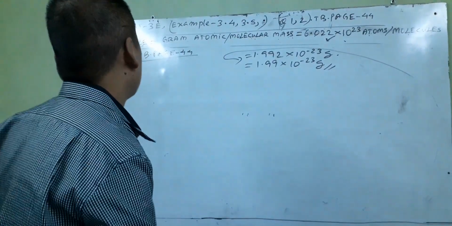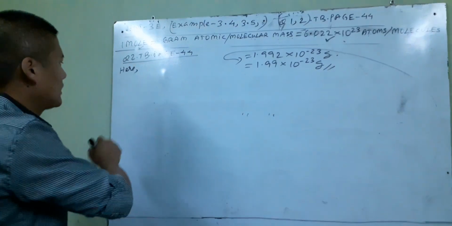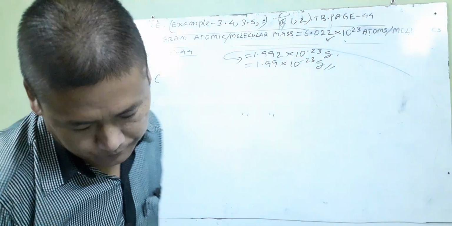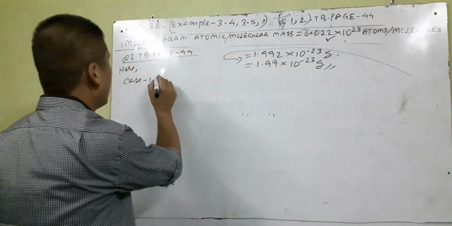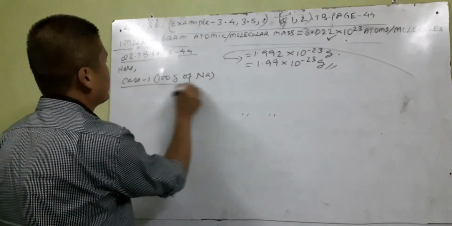Normally the mass is given in the question, okay? So here, let us take case 1. That is the case of 100 grams of sodium. Let's find out for 100 grams of sodium. Symbol is Na, so let me just write it in short.